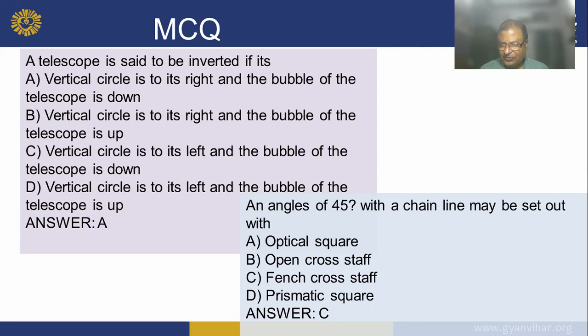An angle of 45 degrees with the given line may be set out with, give me the answer. Answer is C, French cross staff.